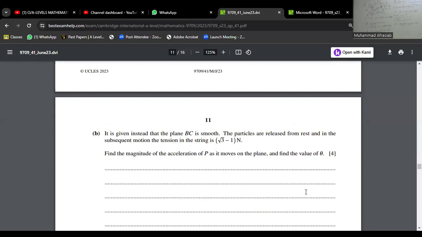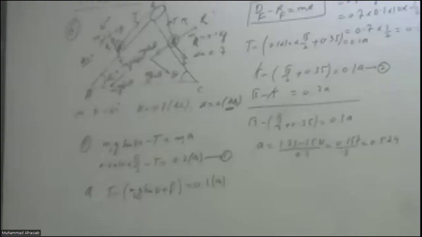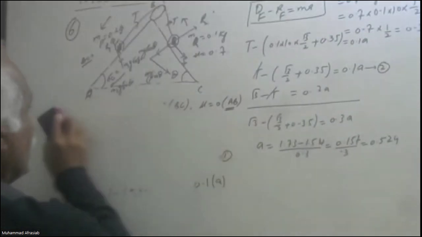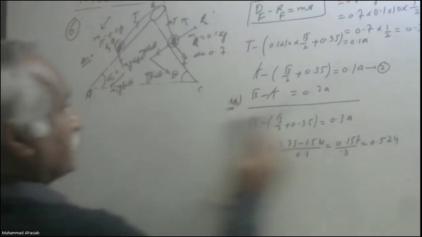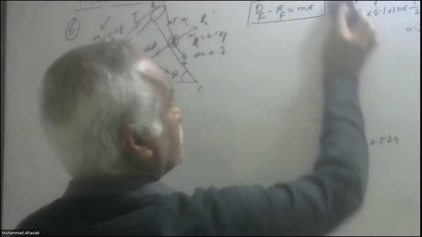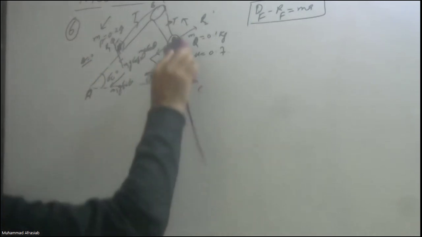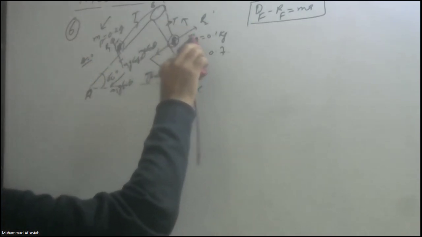Find the magnitude of the acceleration of P as it moves on the plane, and also find the value of theta. Since the particles are moving, and both planes are smooth, so there is no frictional force on that particle.